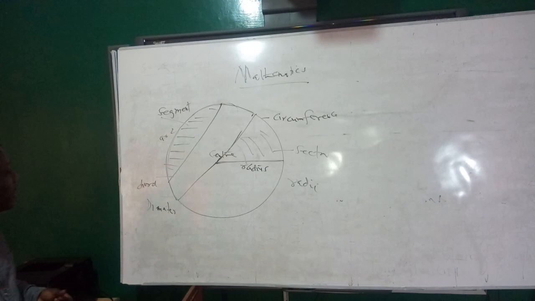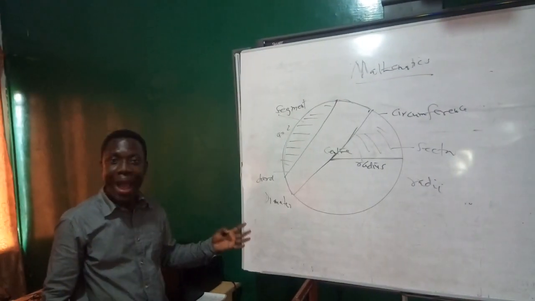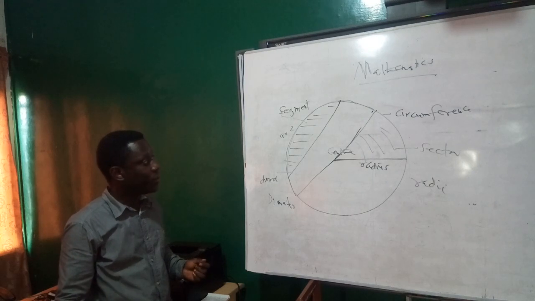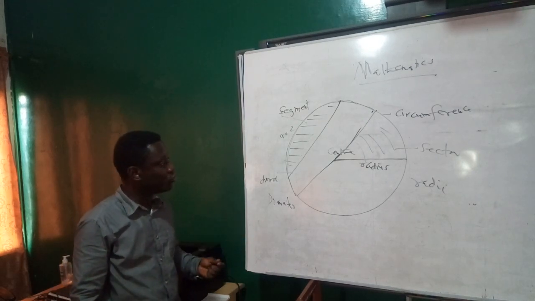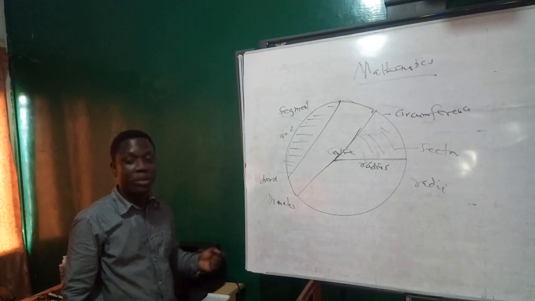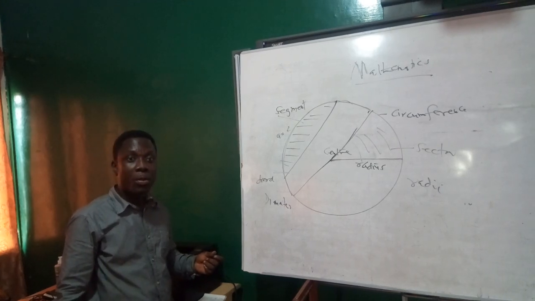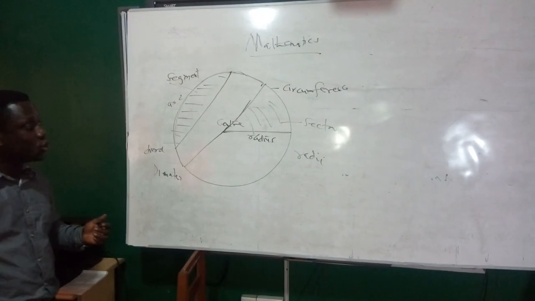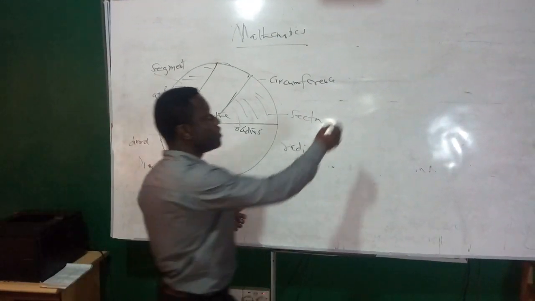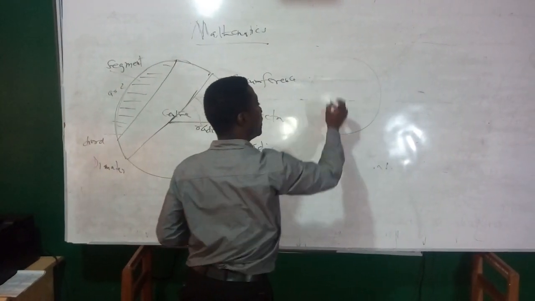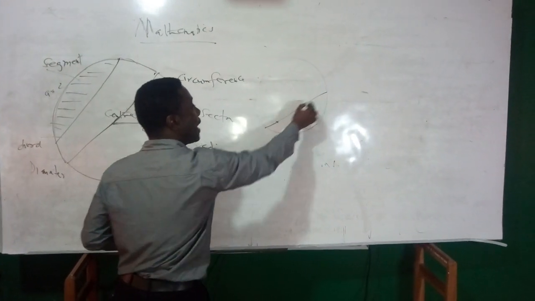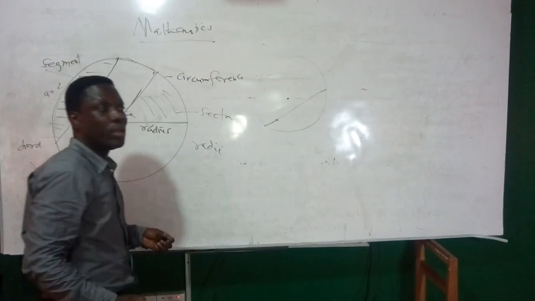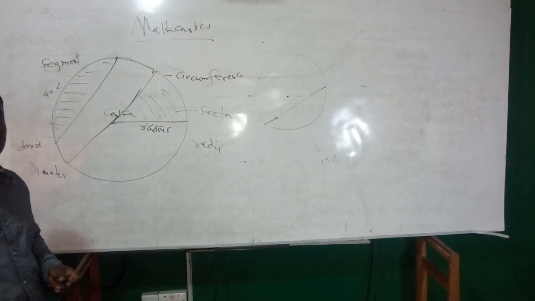So basically, as you know, these are the parts of a circle, and this is very, very important for you to be able to handle plane geometry very well. And even more importantly, anytime you have a circle and you have a chord, it divides the whole circle into two segments.